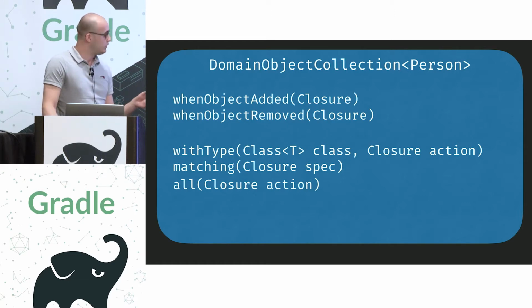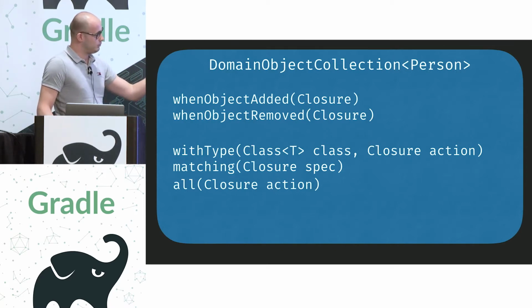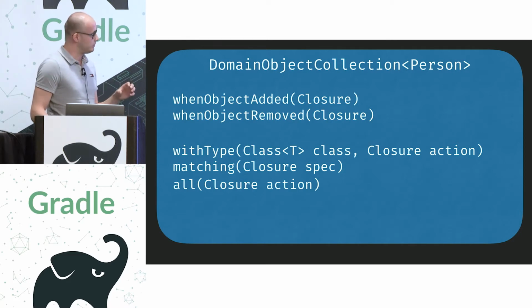So if we say withType and a class, then the closure will get executed for each object of specified type, but not only for those objects that are already in the collection, but also for all subsequently added objects.